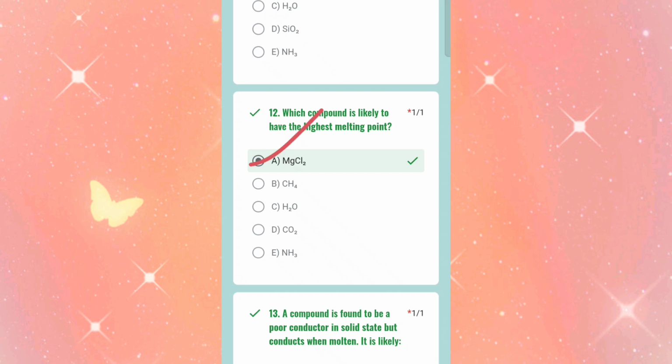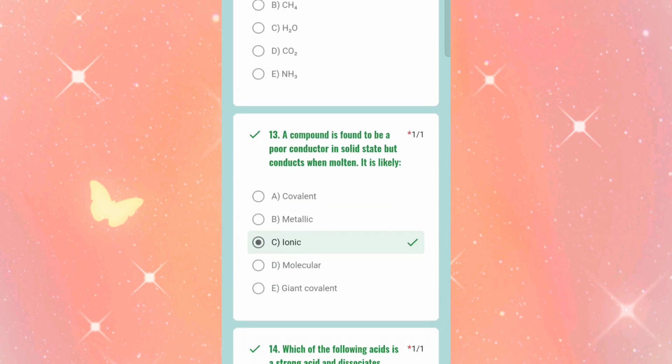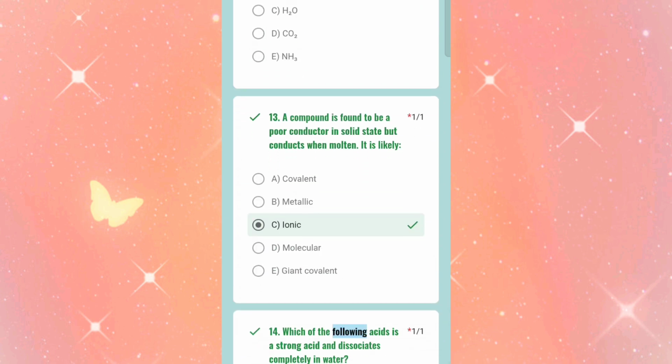A compound is found to be a poor conductor in solid state but conducts in molten state. It is likely to be an ionic compound, because this is the characteristic of ionic compounds. You have to read about covalent solids, metallic solids, and ionic solids, their characteristics.